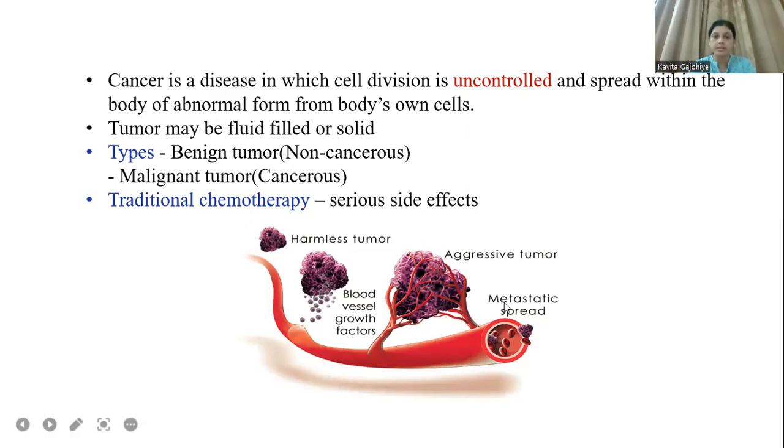So here you can see the aggressive tumor cells, with unwanted or uncontrollable growth of the tissues or cells, and normal blood cells you can also see, and metastatic spread of the cells you can see throughout the blood vessels.